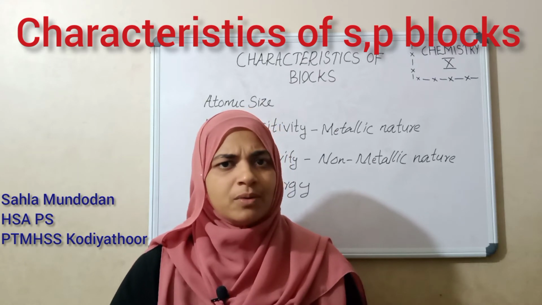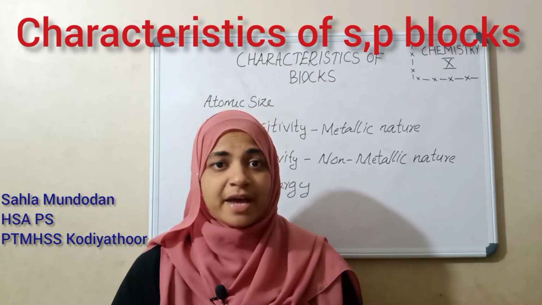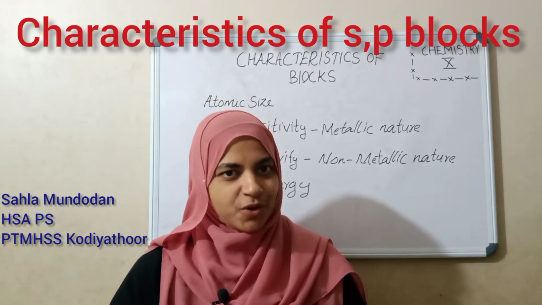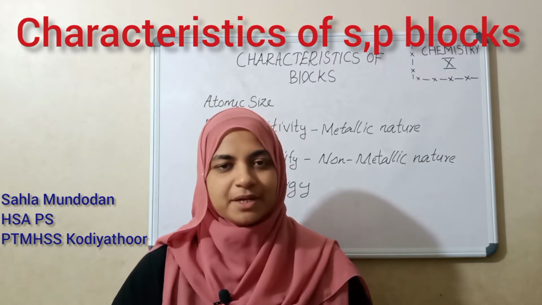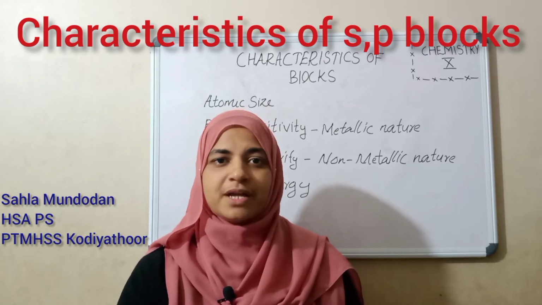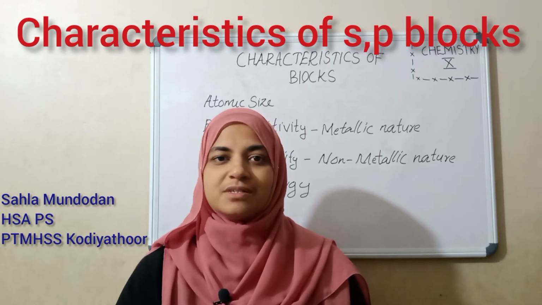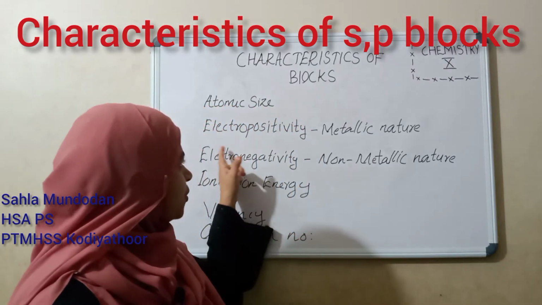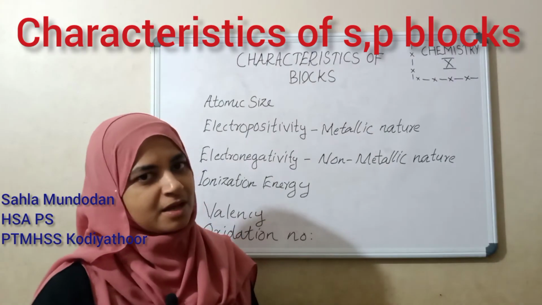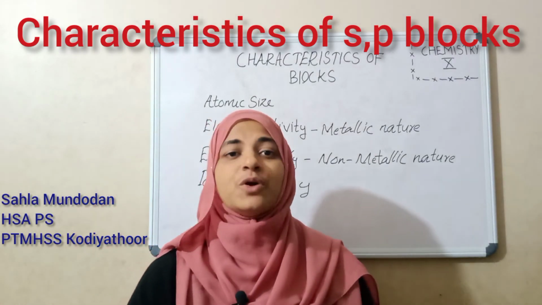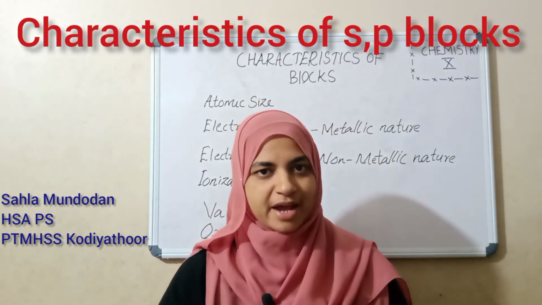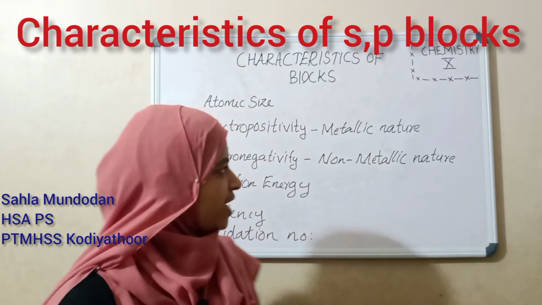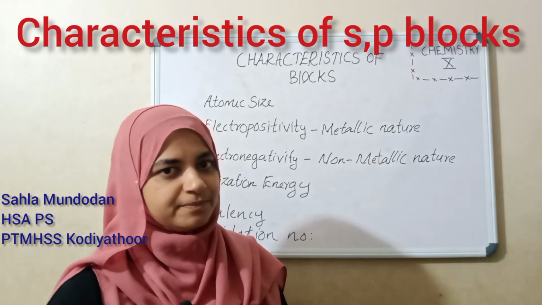The atom donates electrons to get stability. When an atom donates electrons, it becomes a positively charged ion. Therefore, this ability is known as electropositivity. Actually, metals donate electrons during chemical reactions. Therefore, this electropositivity character is also known as metallic nature.